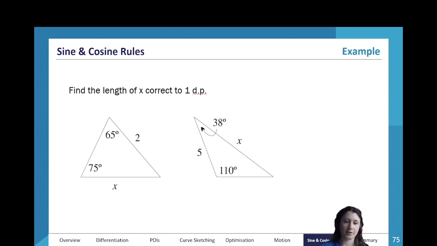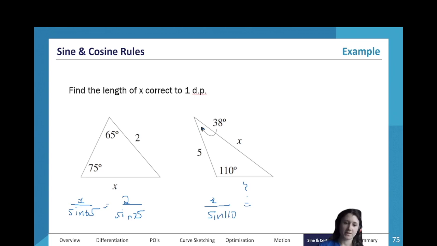So here we could find these two lengths, x. So we could have x over sine 65 is equal to 2 over sine 75, and solve for x there. And we could have x over sine 110 equals, and now as you can see, all right, we actually don't have this side here.